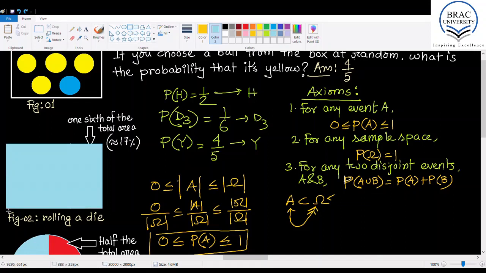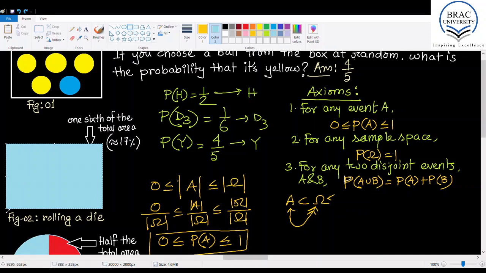Mind you, the event cannot cross the boundary of the sample space since it's by definition a subset. So when it has covered the whole sample space, what is the fraction it covered? The fraction is 1. In other words, it can be expressed as 100%. So this is the maximum probability any event can reach, which is 1, the right side of our inequality here.